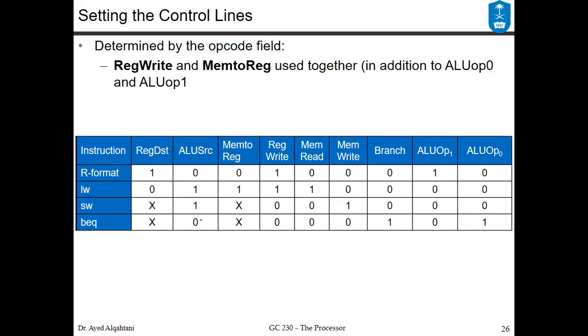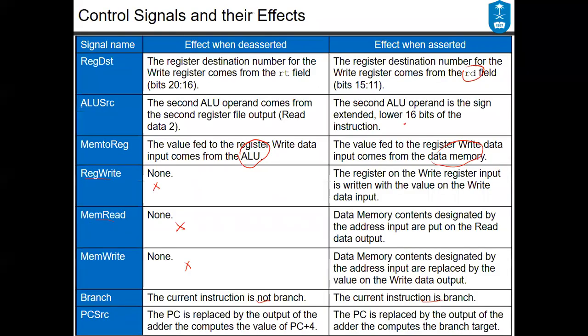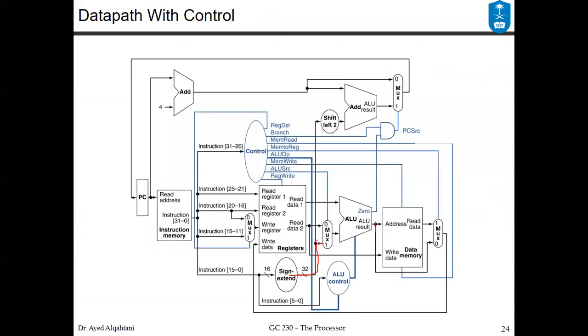Now for the register write, we make it 0 for the store. Going back, this is the register write, which is this one here. We make it equal to 0 because we don't want to write anything to the registers in the store.